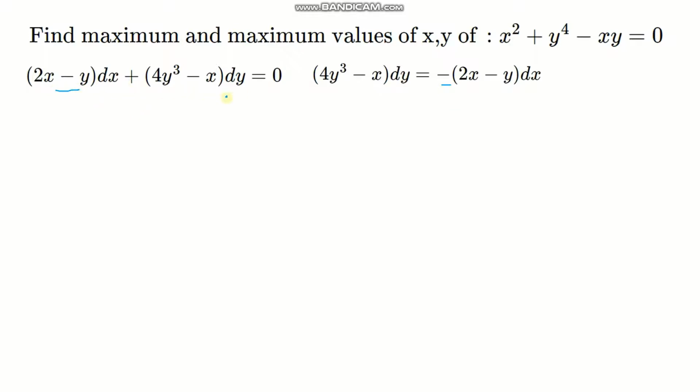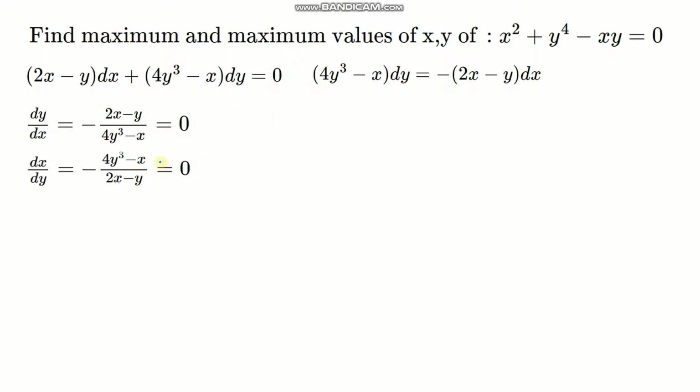By rearranging our equation, we have dy over dx equals negative 2x minus y over 4y cubed minus x, and dx over dy equals negative 4y cubed minus x over 2x minus y. Anyway, if you find dy over dx, you can just flip it so that it becomes dx over dy.